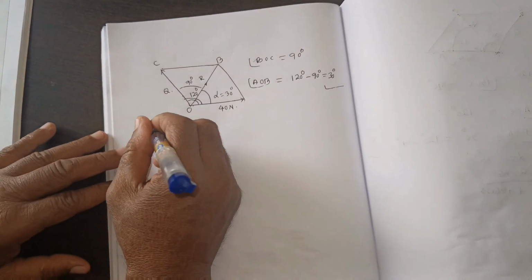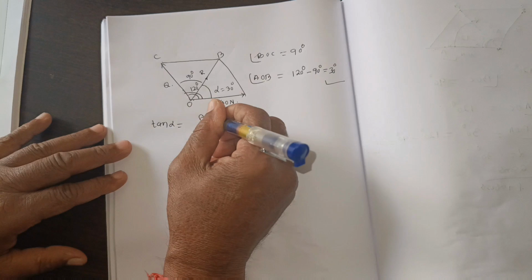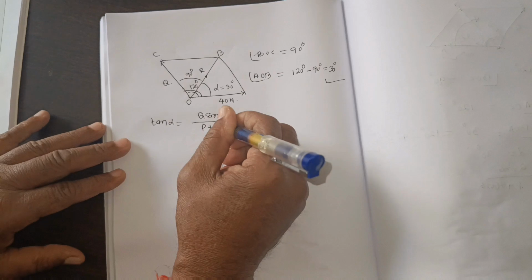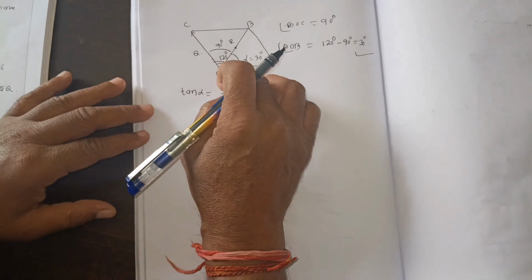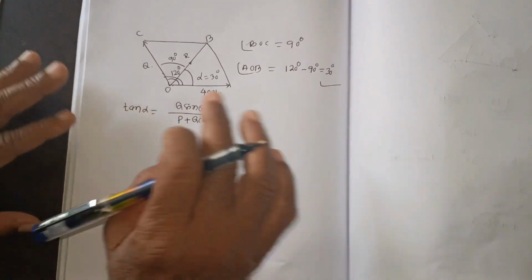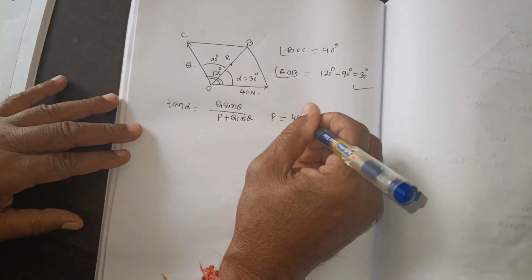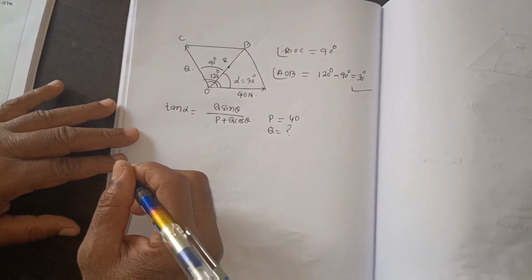We know that tan alpha is equal to Q sin theta divided by P plus Q cos theta, where P and Q are two forces. Here P is equal to 40, Q is unknown.